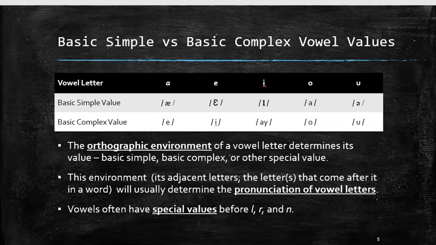Notice on the top, we have the letter representation, or the orthographic representation, the grapheme, A, E, I, O, U, and what you have as simple value isn't necessarily how we call the letter in English. How we call the letter in English is by its basic complex value. Notice the phonemes that represent each of these graphemes in their basic complex value. A, E, I, O, U.